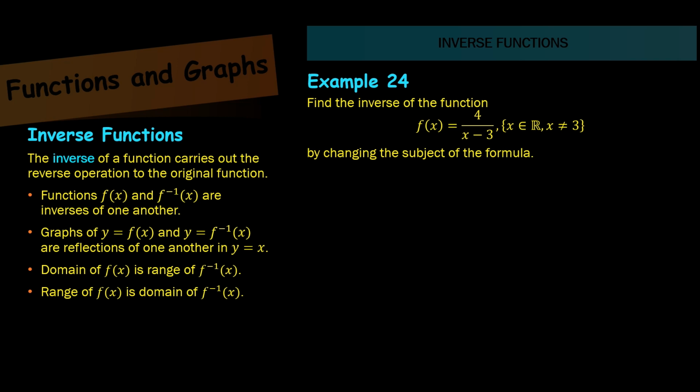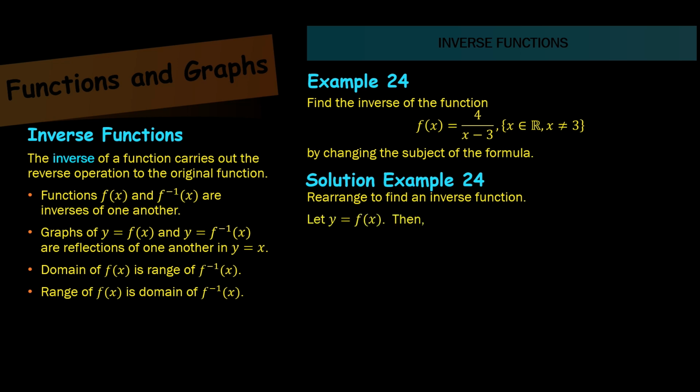We need to rearrange in order to find an inverse function. Begin by letting y equal f of x. Then we have y equals 4 over x minus 3. And rearranging, or multiplying through by x minus 3, gives us y times x minus 3 equals 4.